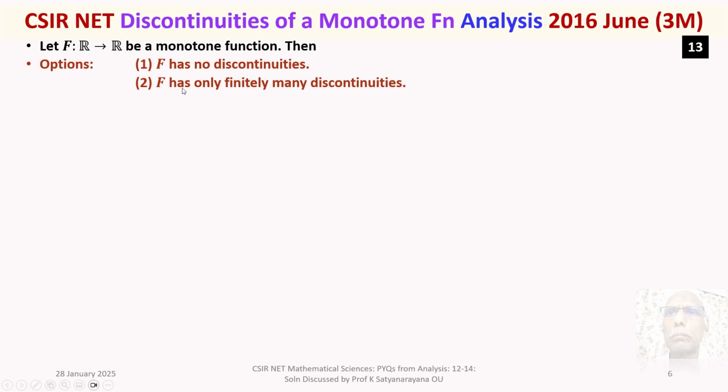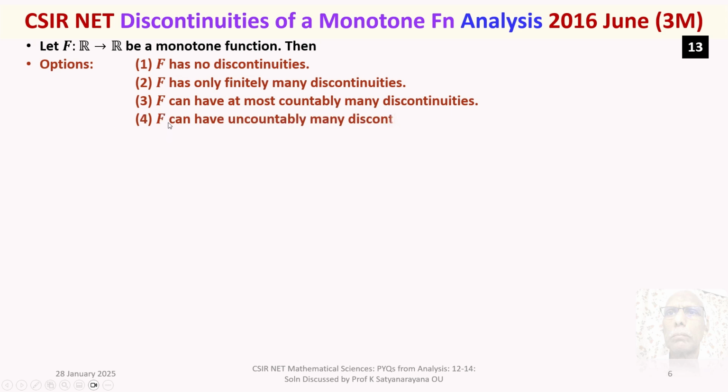Option 2, f has only finitely many discontinuities. Option 3, f can have at most countably many discontinuities. Option 4, f can have uncountably many discontinuities. The question is basically, for a monotone function, how many discontinuities are there?